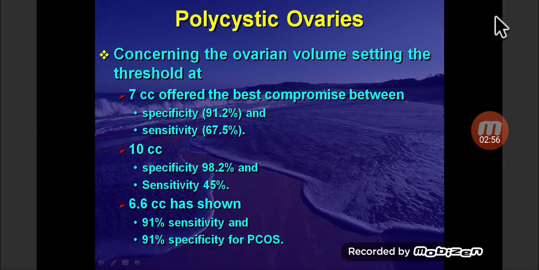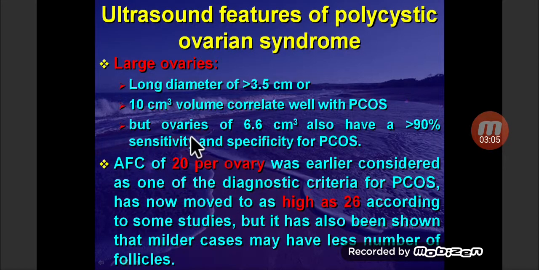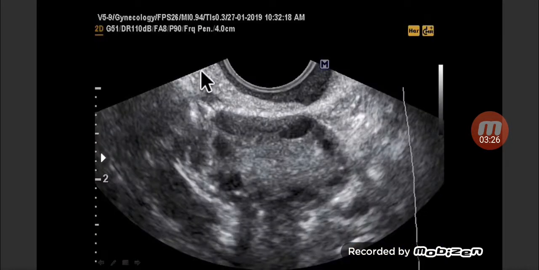Ultrasound features: large ovaries where you're looking at more than 3.5 centimeters, more than 10 ml. You'll see 20 or more per ovary, that is FNPO, follicular number per ovary. With our machines getting better and better, we're looking for many more of these. Looking at polycystic pattern.